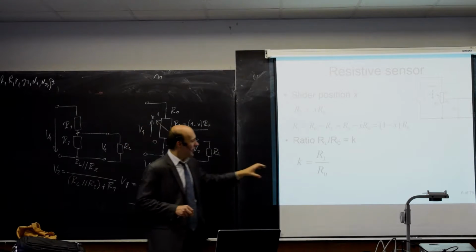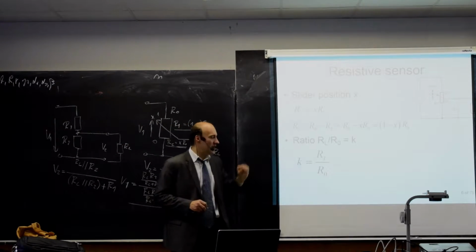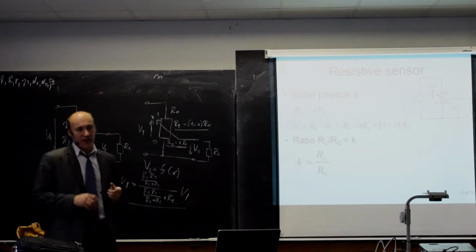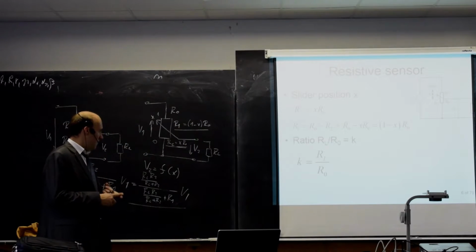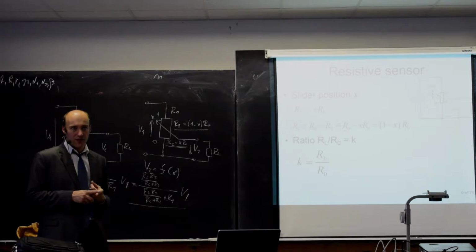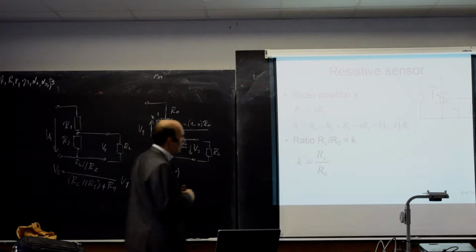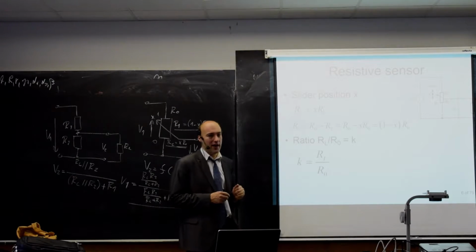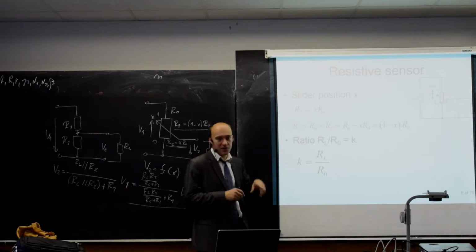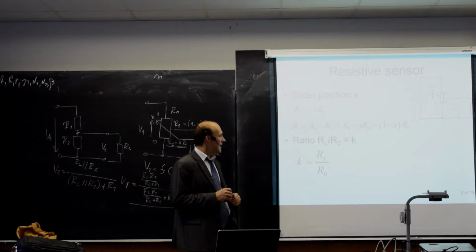The ratio K will represent the resistance of the load versus the resistance of the sensor. So the resistance of the load, I call that RL, and the resistance of the sensor itself is R0.